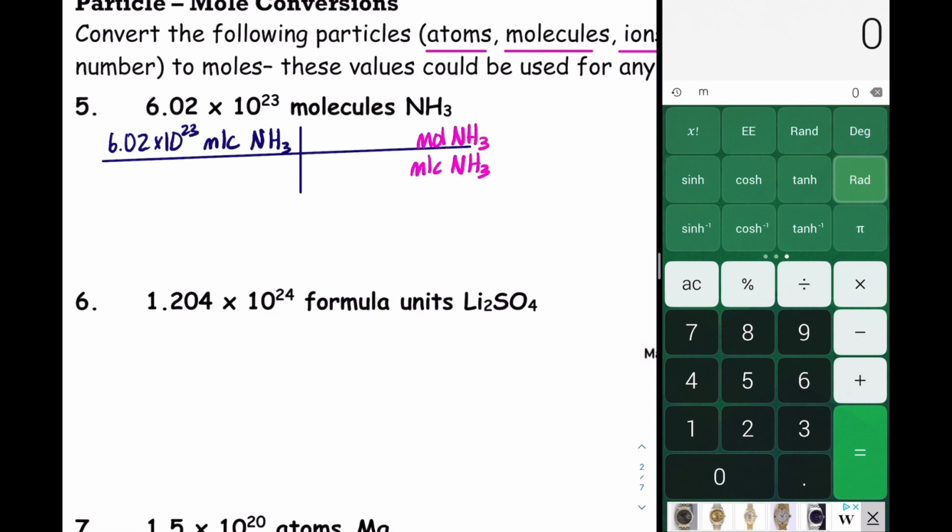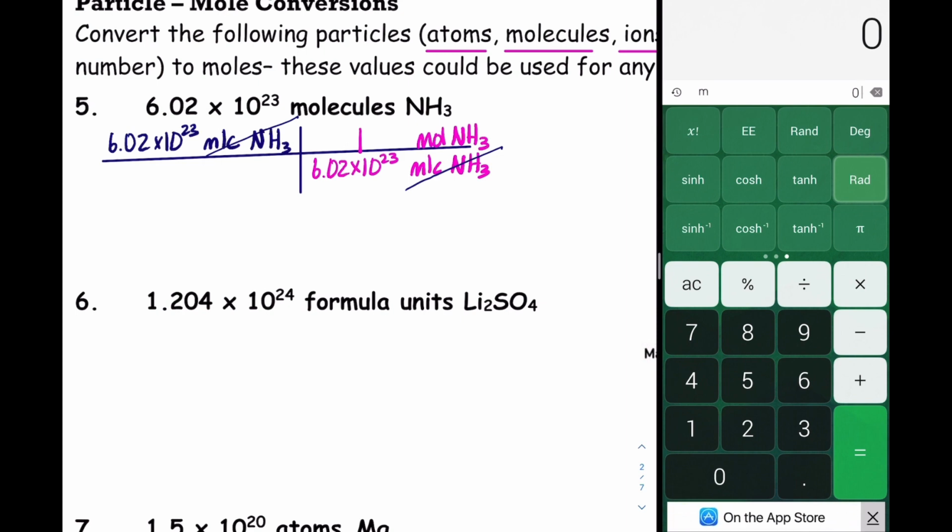We're still using the same conversion factor: 1 mole equals 6.02 times 10 to the 23rd. Notice this time we're going to be dividing by Avogadro's number. The molecules of ammonia cancel, and when we divide, notice the numerator, 6.02 times 10 to the 23rd, is the same as what's in the denominator.